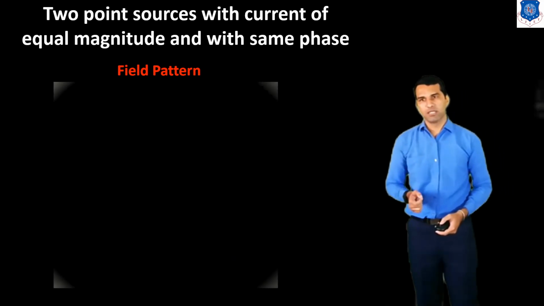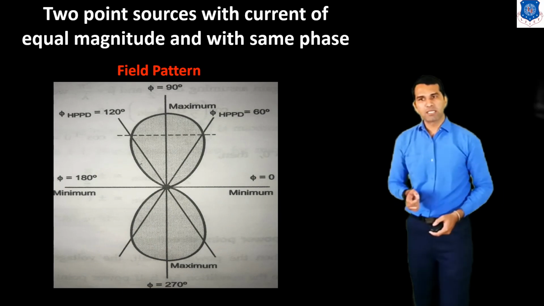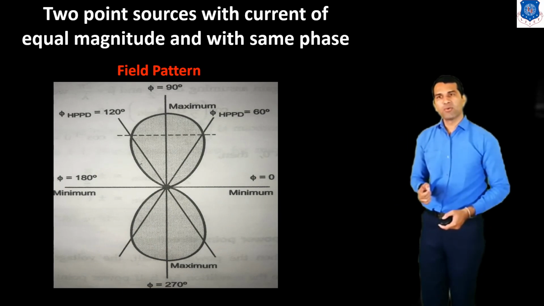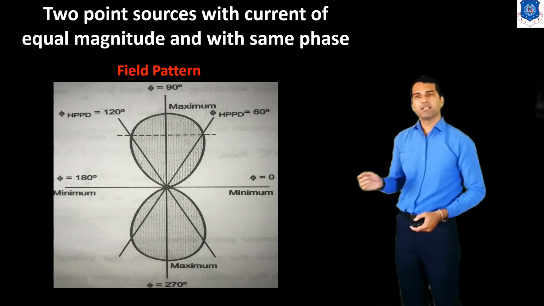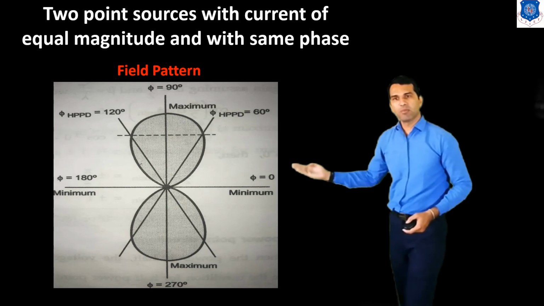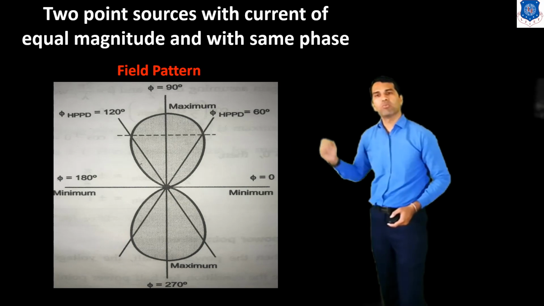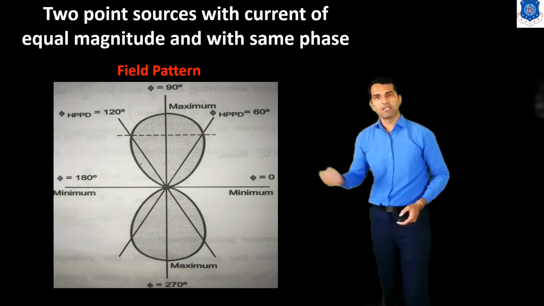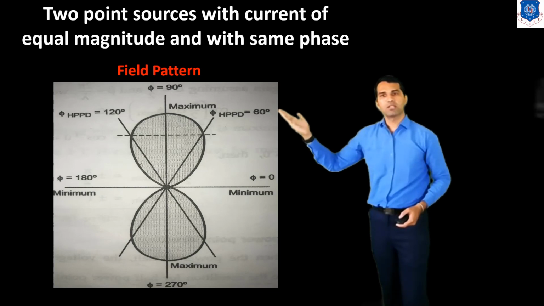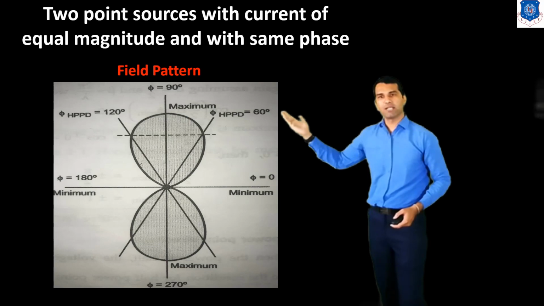Now the field pattern. Here we see the field pattern for these 2 point sources. The maximum radiation is at phi equals 90 degrees and 270 degrees. The minimum radiation is at phi equals 0 and 180 degrees. The half power points are at phi equals 60 degrees or 120 degrees.